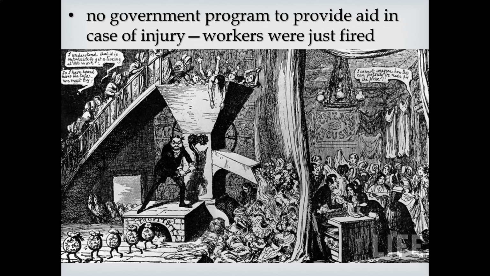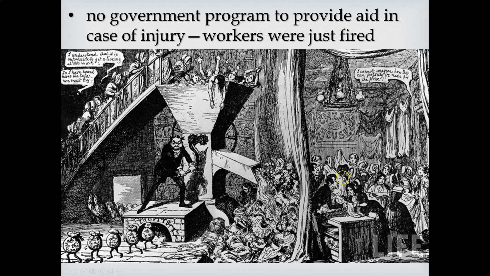And that's the point this cartoon is trying to make. You have these women climbing up here, and they're employees in the mills, right, in the textile mills, and they're being ground up by the factory owner, and what's coming out are the profits. So this cartoon is trying to imply that the factory owners just saw their workers as basically a commodity to be used up to make money.